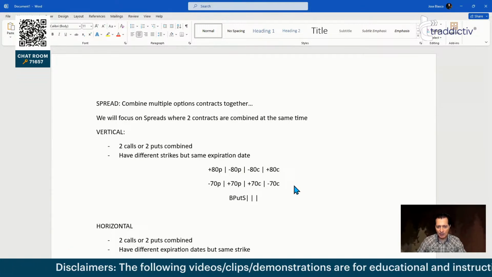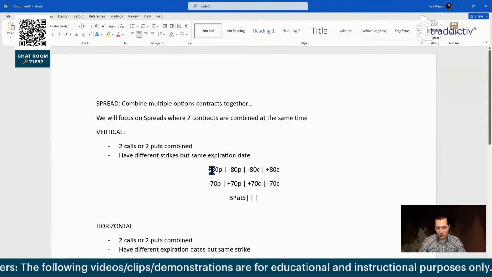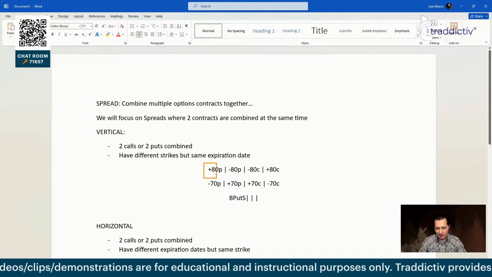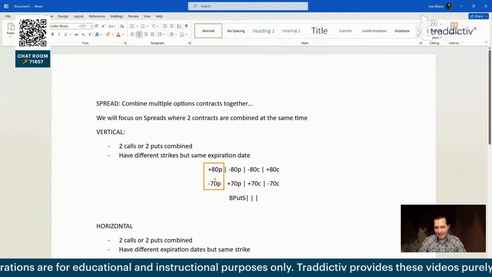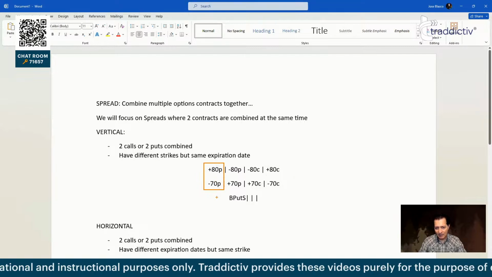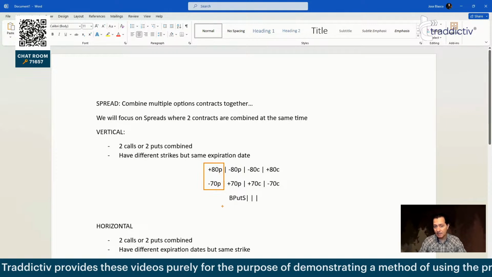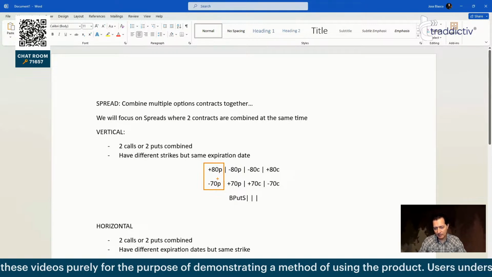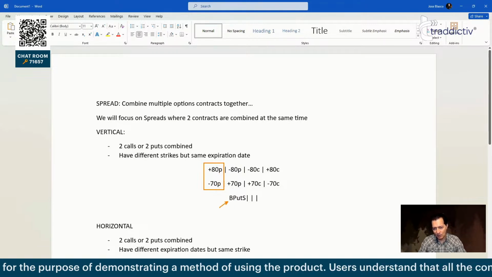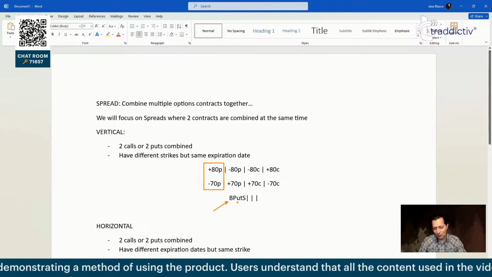Now this one is called bear put spread because it's a technique that makes money on the way down, and because it uses a put, okay, it's bearish. Okay, well actually it's both cases because it's bearish. That's why it's called a bear, and it's called put because it uses puts.